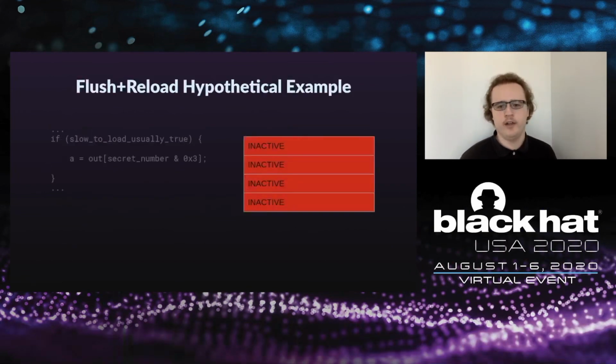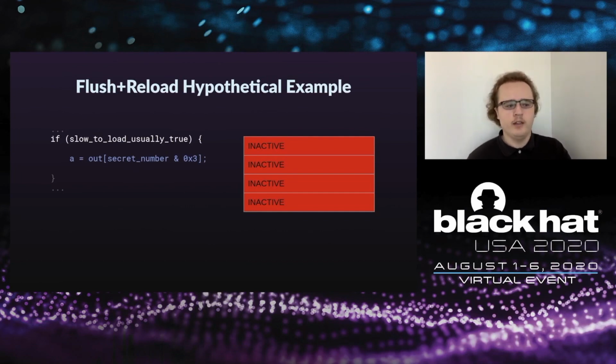So a hypothetical example here, this is super oversimplified. Cache lines are like 1 byte in this example, so it's obviously not real, but just to get the point across, let's say you have a conditional branch that is slow to load and usually true. So the branch predictor encounters this and says, okay, let me go dispatch the actual read, but let me try and continue into this next instruction, speculating that the conditional will come back true.